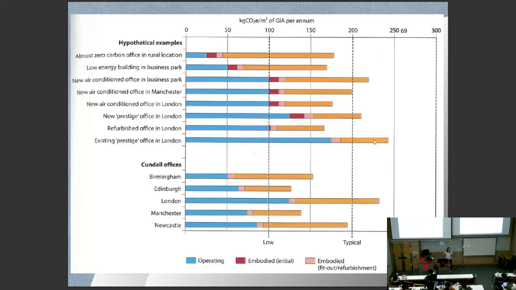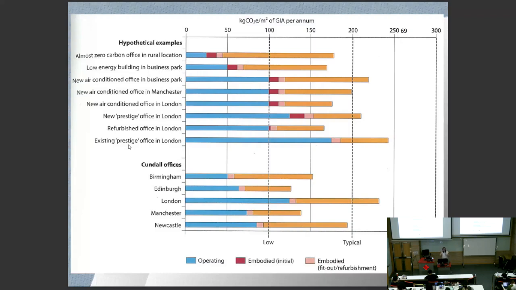So comparing these two buildings, the first is a so-called almost zero carbon building. From the name, it seems that the performance must be very good and the carbon emissions must be very low. And the other building is just an existing office building in the city center in the UK, so it seems that the performance must be very poor in terms of carbon emissions.